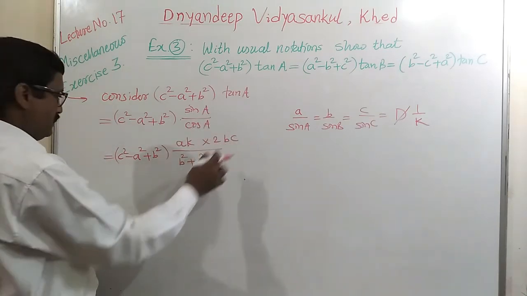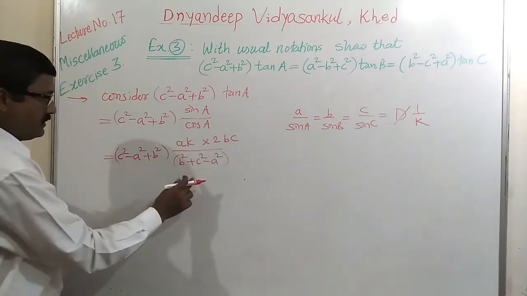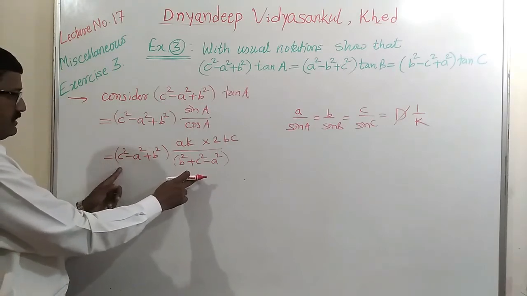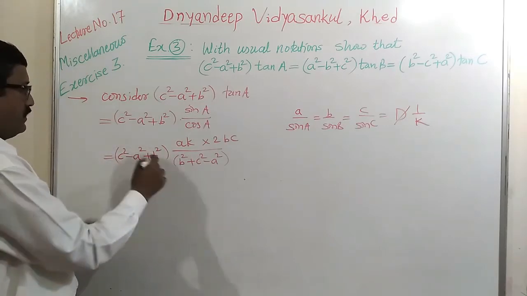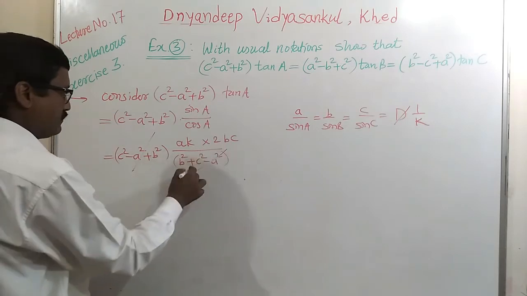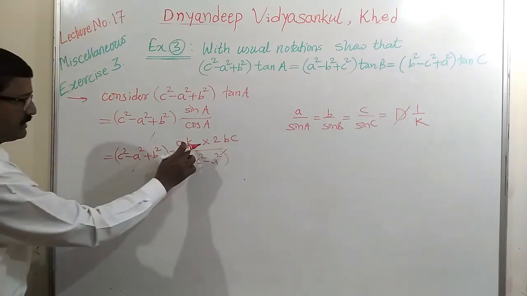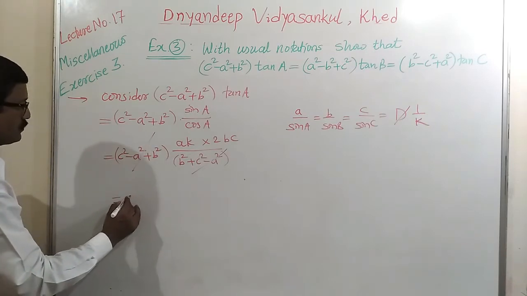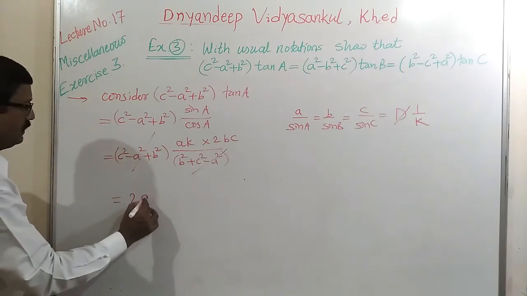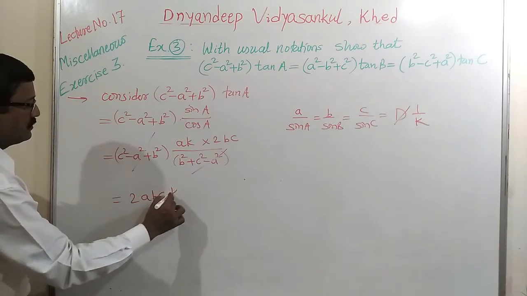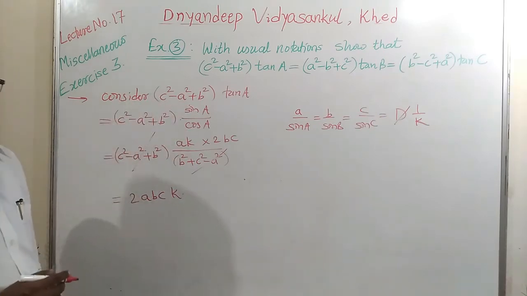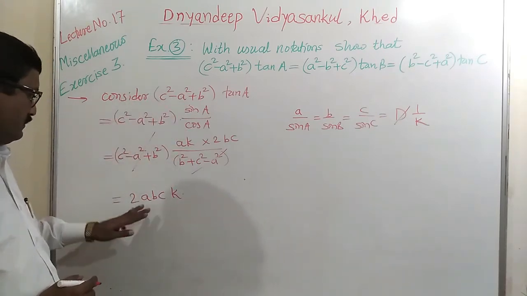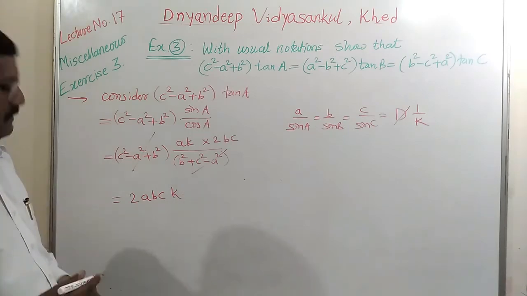Now if you observe, these two brackets are the same, c square plus b square minus a square, so they get cancelled at this stage. So remains K into a, b, c and with 2. So twice abc and that constant whatever we have taken in the sine rule. So we get twice abcK.